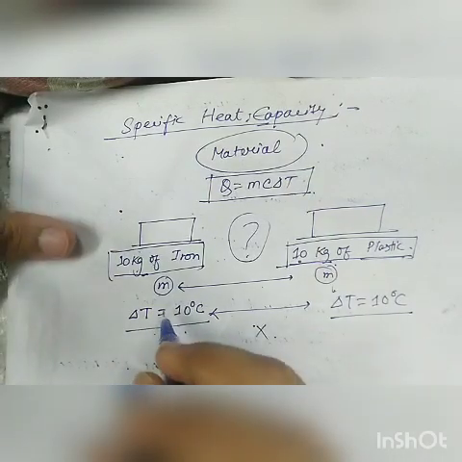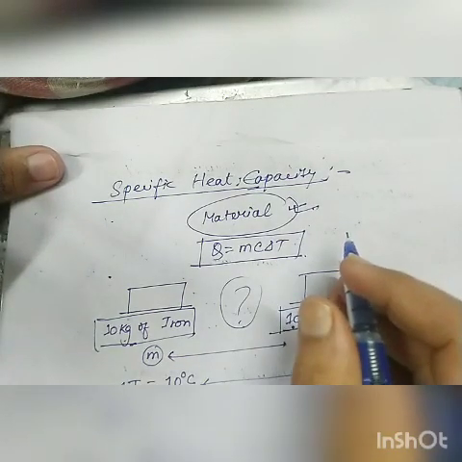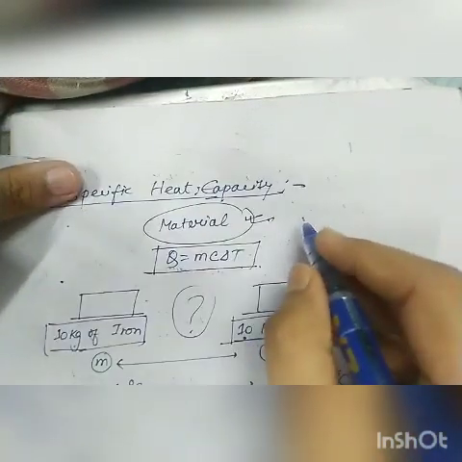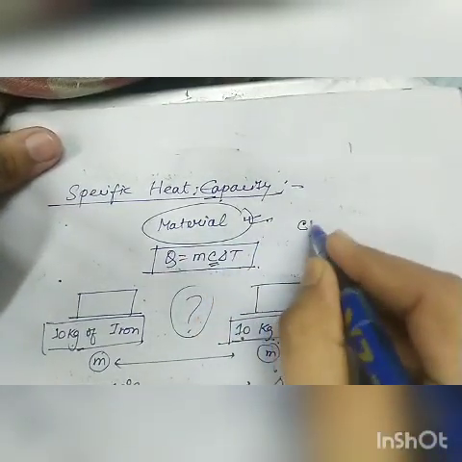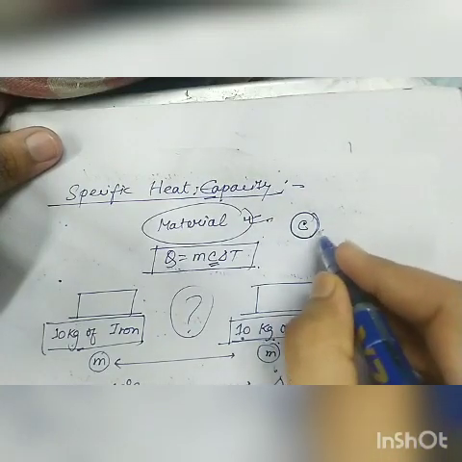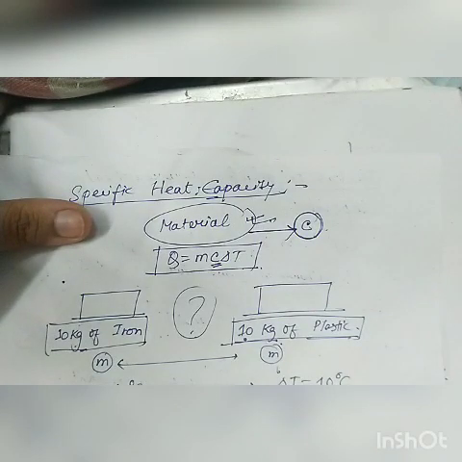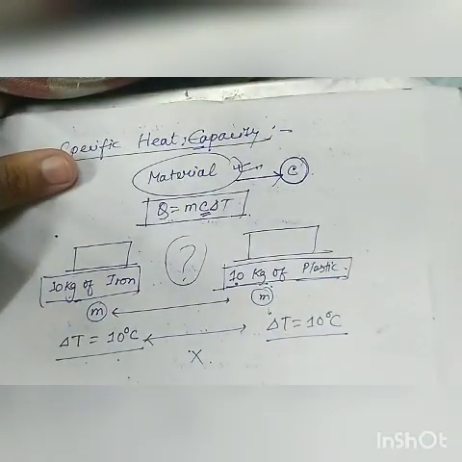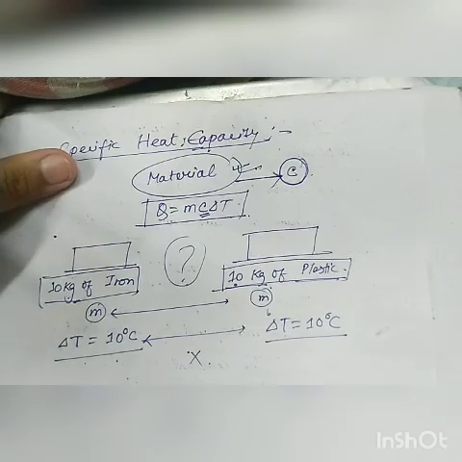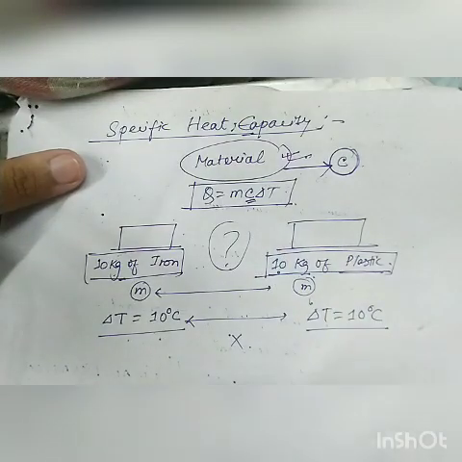That thing on which depends how much heat we will take is different for each and every material, and that thing is C, the specific heat capacity. So it represents which material will take how much heat to increase its temperature by the same amount. Clear? I hope this much is clear to all of you, the concept of specific heat capacity.